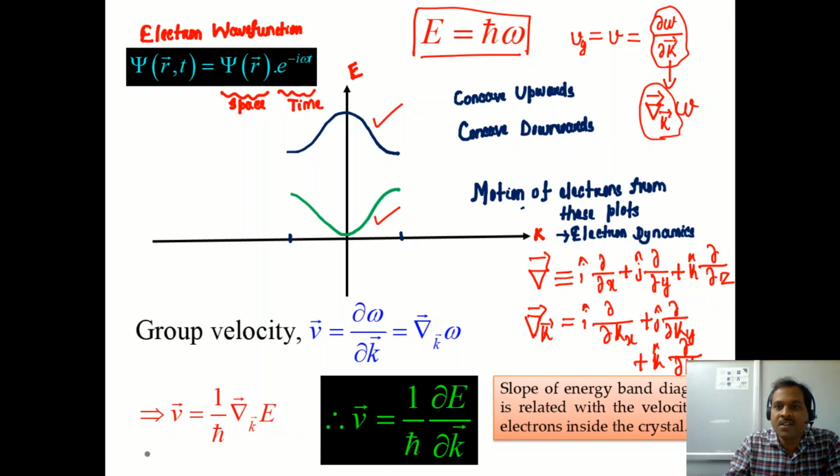So this del omega by del k in general also can be represented mathematically as del_k of omega. And what is omega?